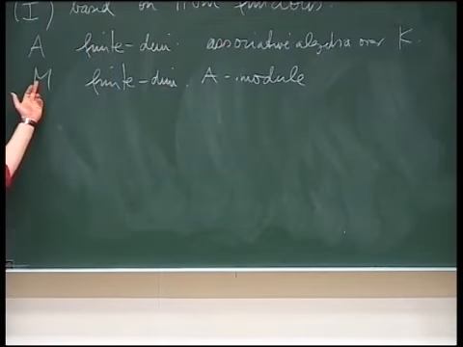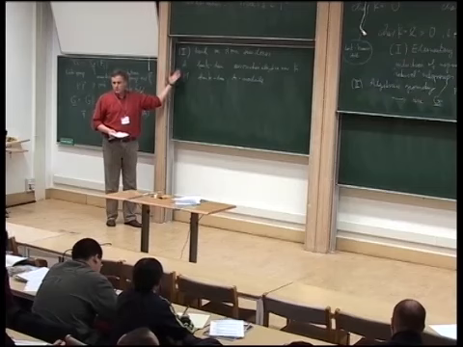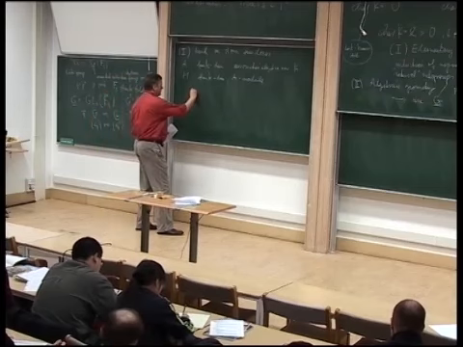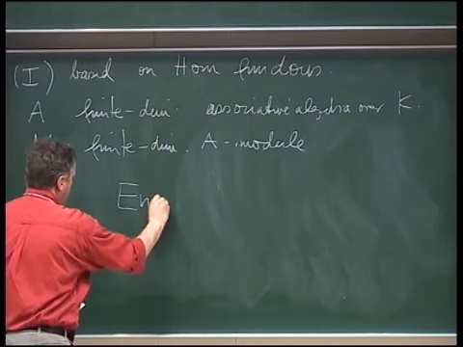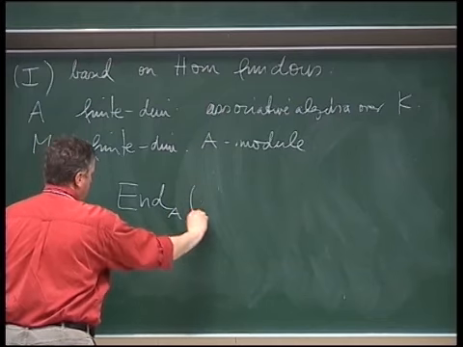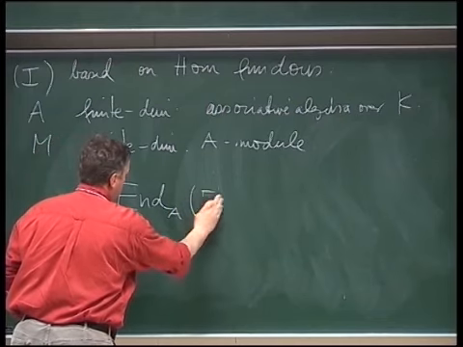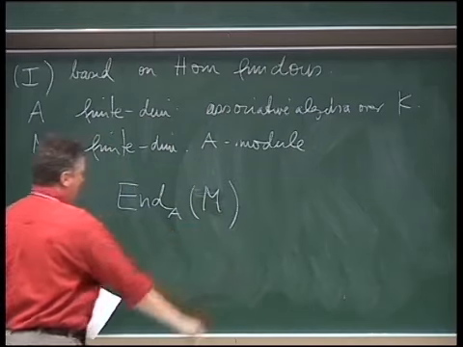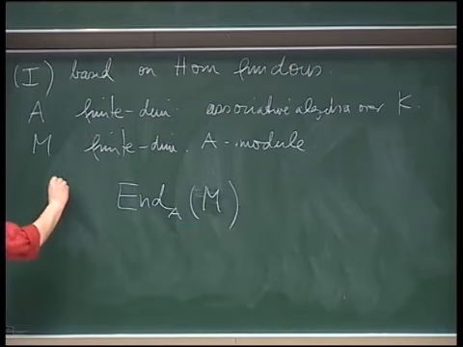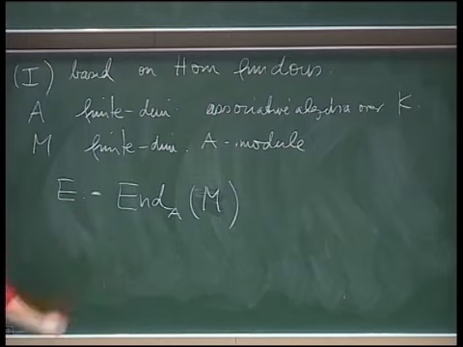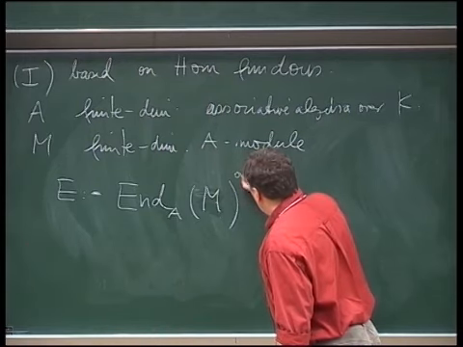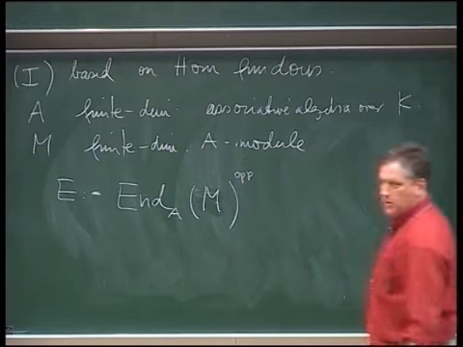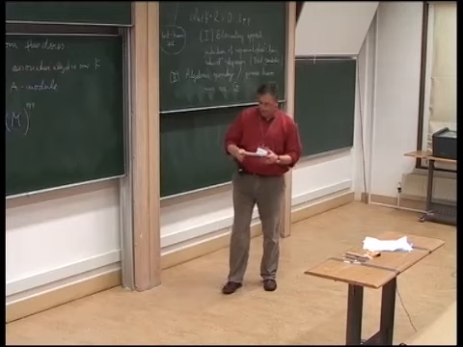I don't make any assumption on this M. It will not be simple in general. So in order to study its structure, I look at its endomorphism ring. Let's call this E. That's again an associative algebra. Actually, it will be more useful to look at the opposite algebra of this.